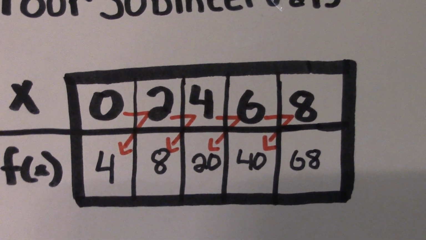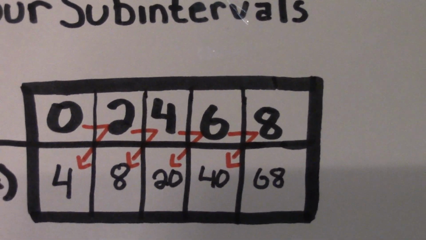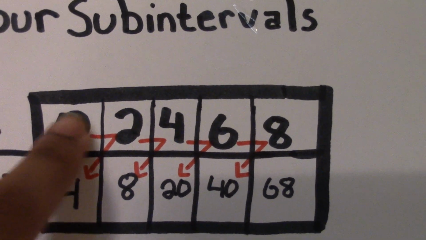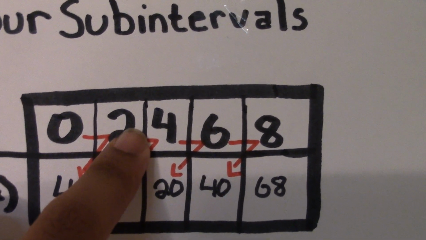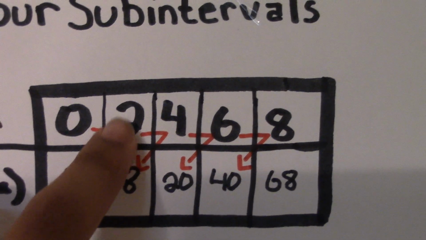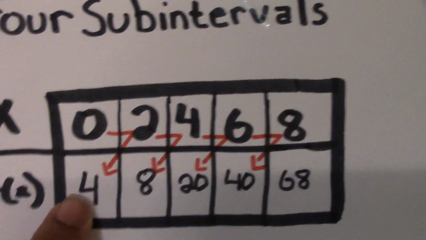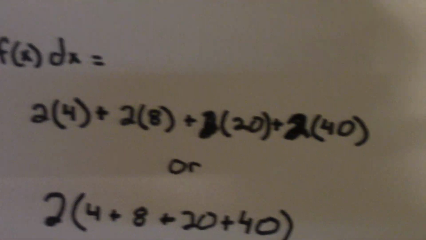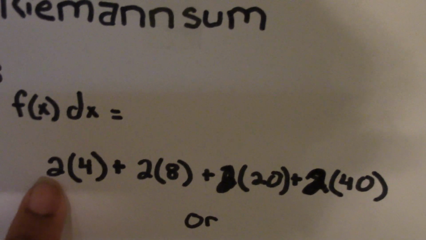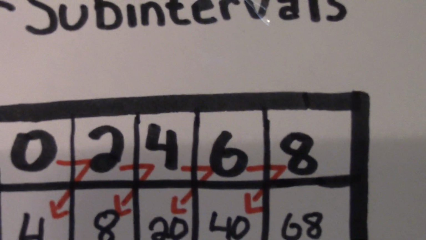But for left Riemann sums, what you're going to do is calculate the distance between the x's, which is in this case 2, and then using those two values, you go down to the left, which is in this case 4. So over here, we're going to have 2, and then you multiply them. So in this case, you're going to have 2 times 4. And then you do the same thing again for the next one.